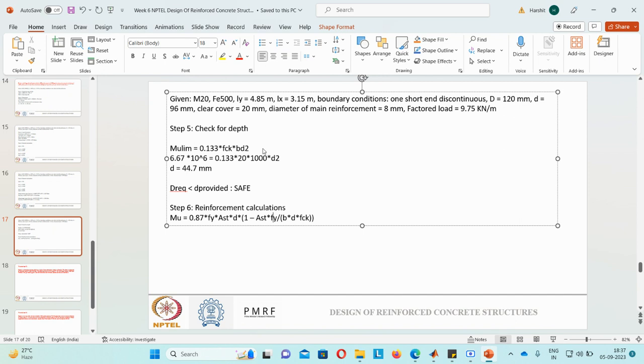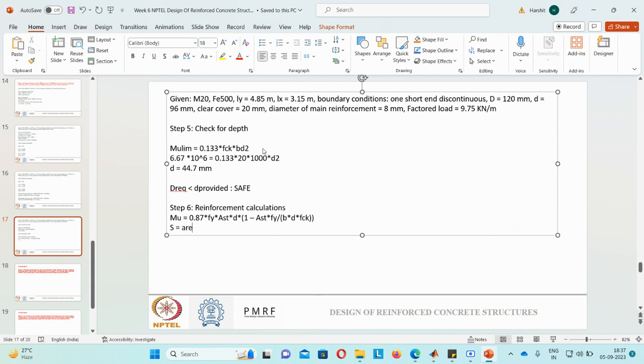This is the x by d value, how we get it by equating the compression force and the tension force. After that we write the Mu value for getting the Ast. So based on this formula, we will first get the Ast, and then for spacing, what we will do?